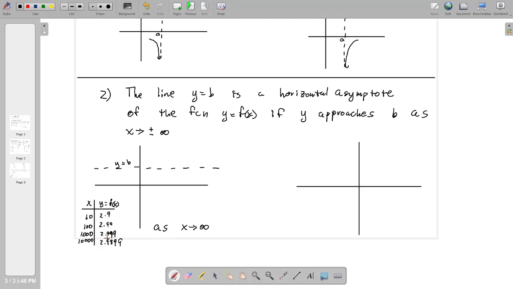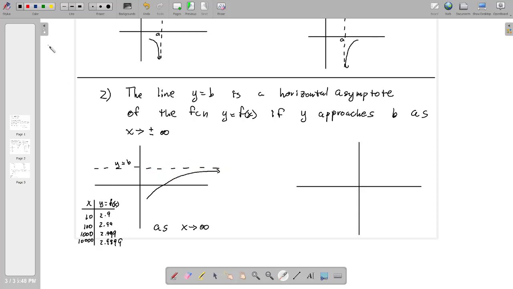And I'm using 3 as an example. Of course, b would be any sort of number. And what it would look like would be something like this. And our y value is capped here. So this curve wouldn't jump above the y value. It would just continually get closer and closer to this line here.